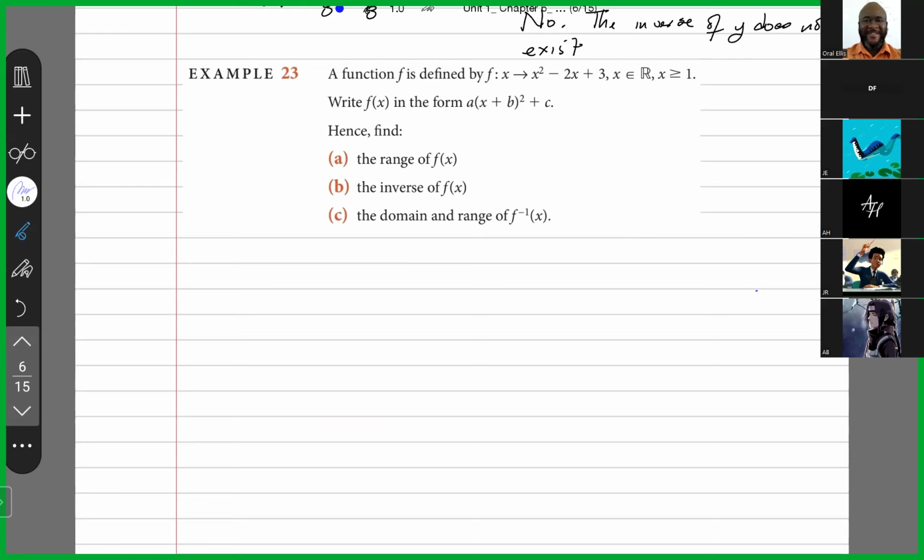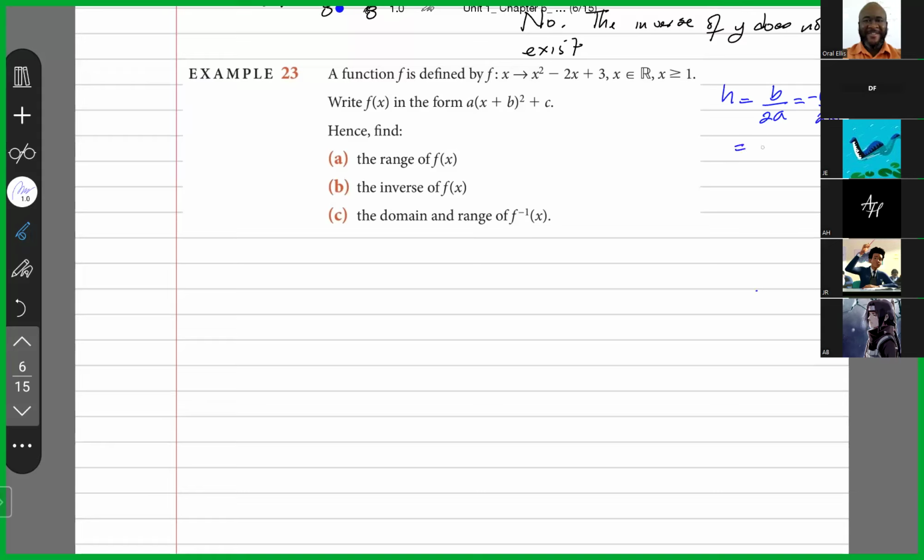There are several ways in which this can be done. I could use the formula approach. I could say h is equal to b over 2a, because I need h, because minus h is the value of x at the turning point. So h would be minus b, which would be minus minus 2 over 2a, which is 2 times 1.